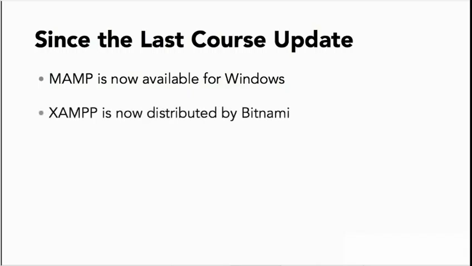And XAMPP itself is now distributed by Bitnami. This can be a little confusing. XAMPP has very powerful software bundles that include software components in addition to Apache, MySQL, and PHP. And it's always had special features that let you manage security on your servers and take care of other advanced tasks.